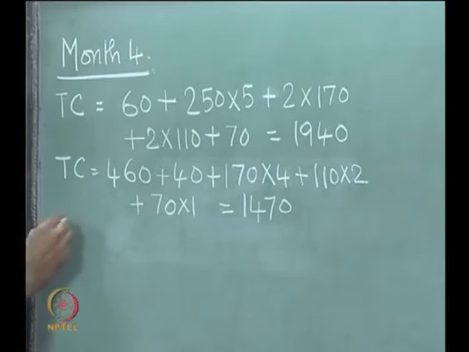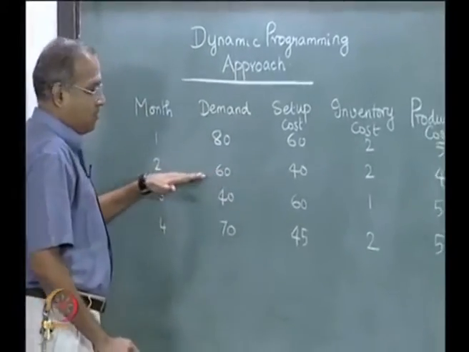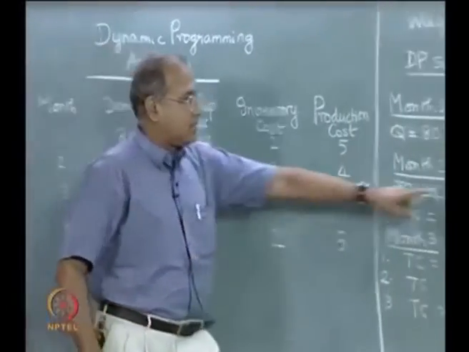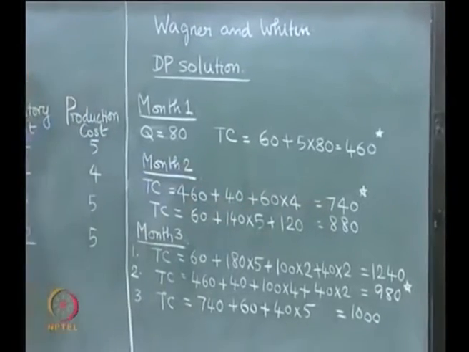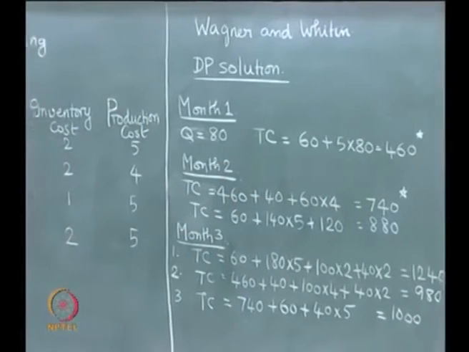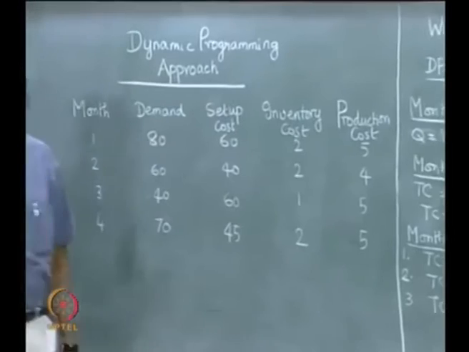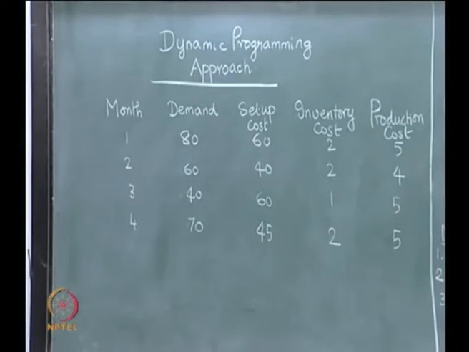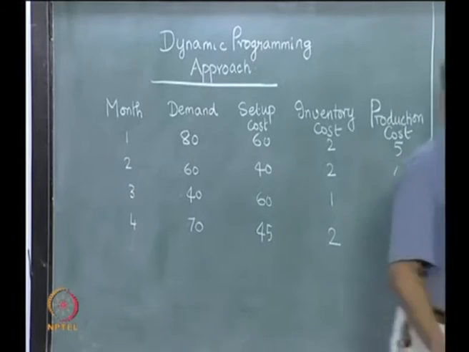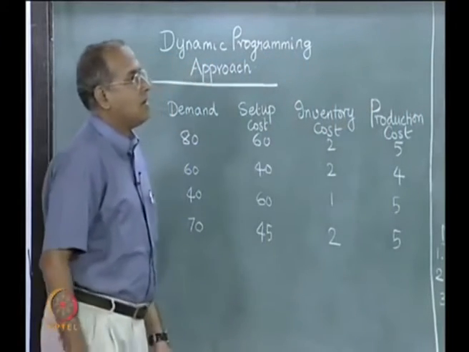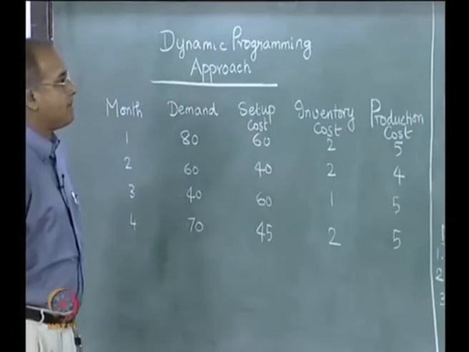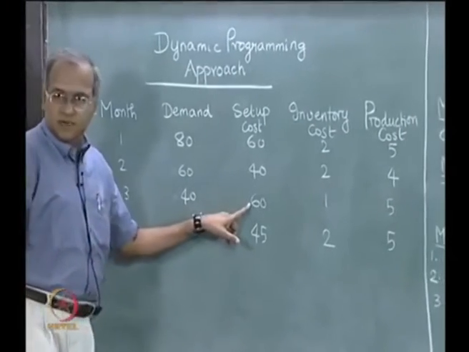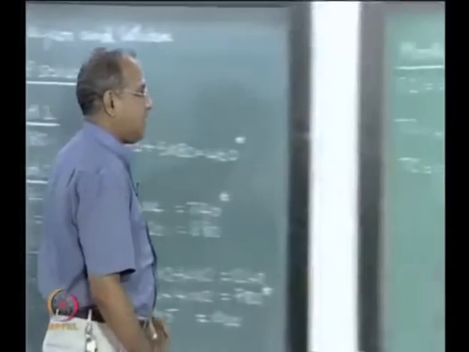The third way of calculating it: we produce up to this optimally, incurring a cost of 740, and then we choose to produce these two in period 3. So, it is 740 plus there is a setup cost of 60.